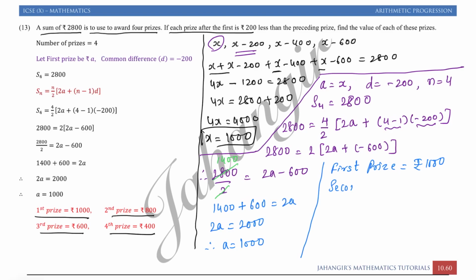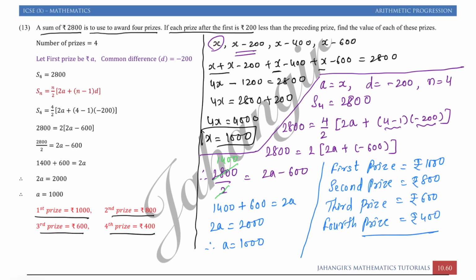Second price is 200 less than the first price, therefore it is 800. Third price is rupees 600 and fourth price is rupees 400. Hope you understood how to use the concept of arithmetic progression when this type of question is given.